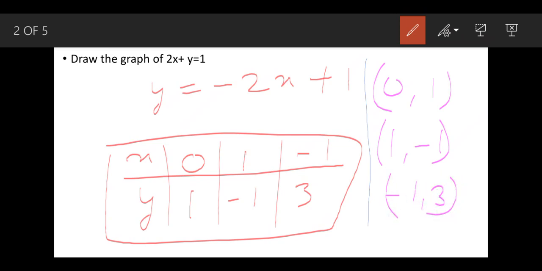We will get these coordinates. As we have already studied in the first exercise, we can plot these points or coordinates on the graph paper.